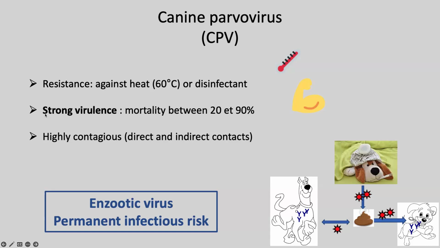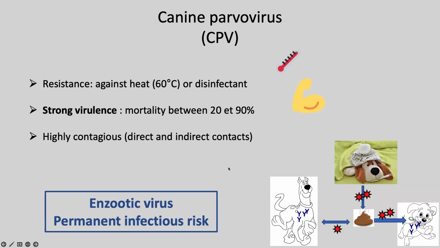It's a strongly virulent virus with a mortality ranging between 20 and 90%. And it's highly contagious through direct contact, but also, and this is very important, through indirect contamination. So we need to keep in mind that the infectious risk is permanent for all dogs.